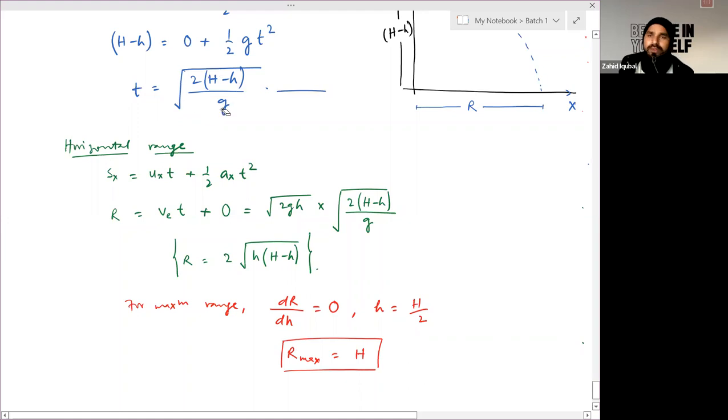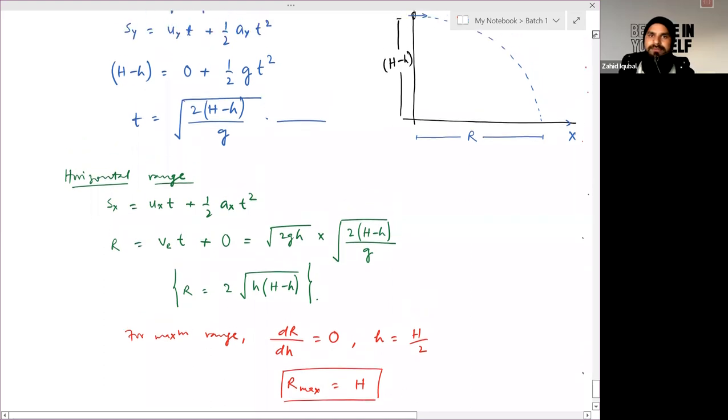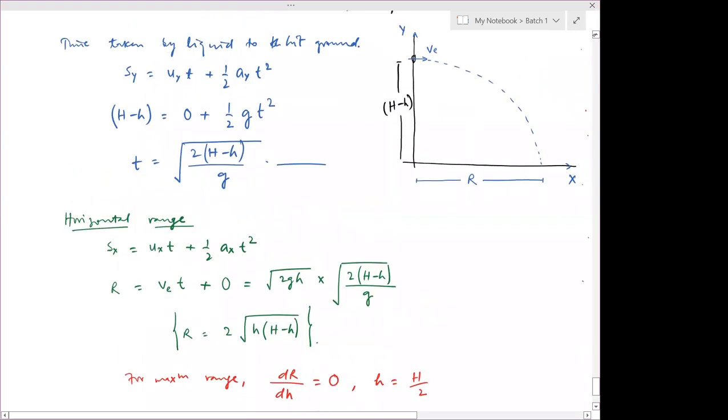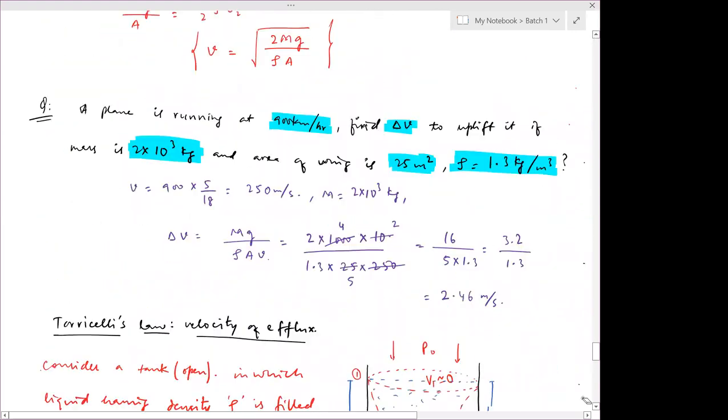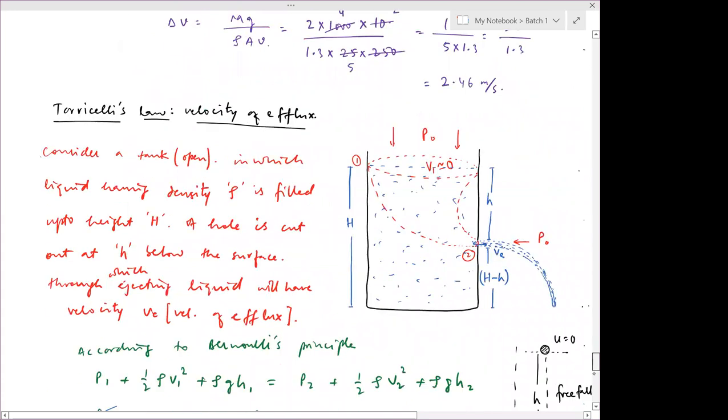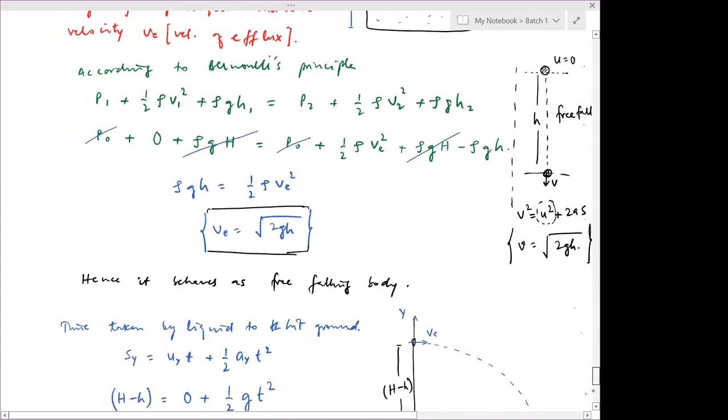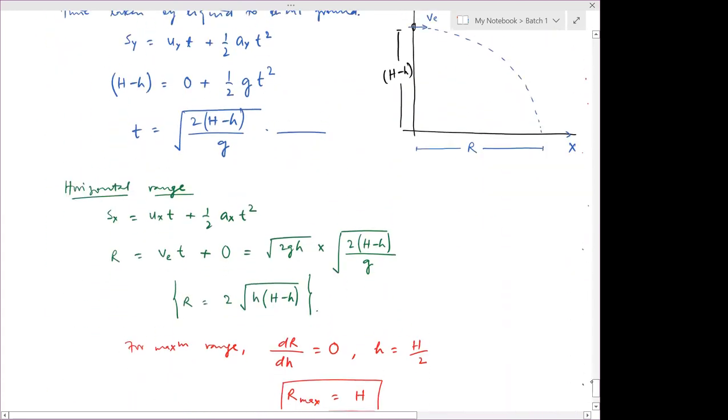If the hole is made at the highest point, the velocity of efflux will become 0. So the range is maximum only at this given condition. Khalid, any doubt? No, sir. Okay, just write it down.